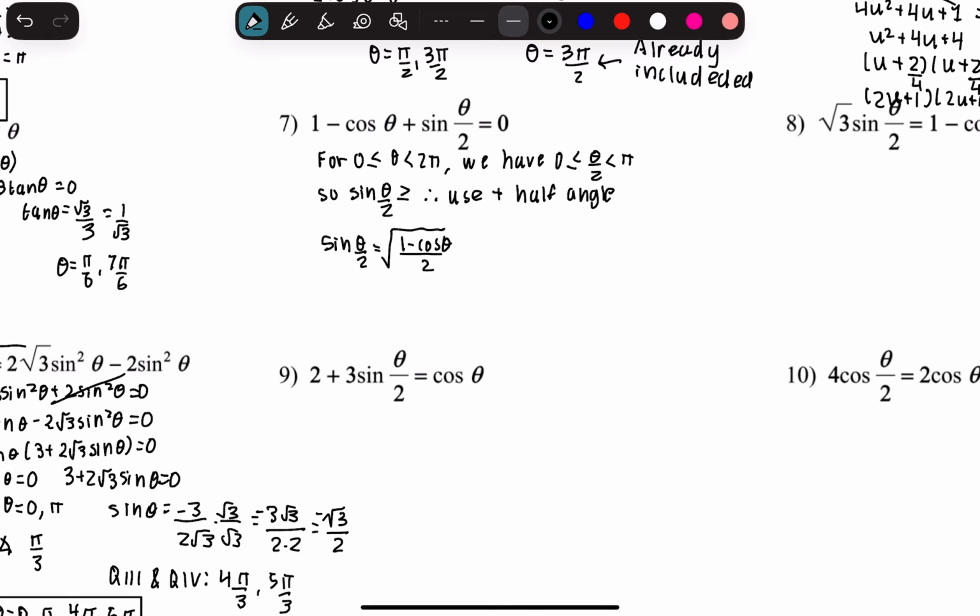So you can rewrite this as 1 minus cosine θ plus 1 minus cosine θ over 2, and that's going to be equal to 0. And let's say we're going to let this entire expression be greater than or equal to 0.